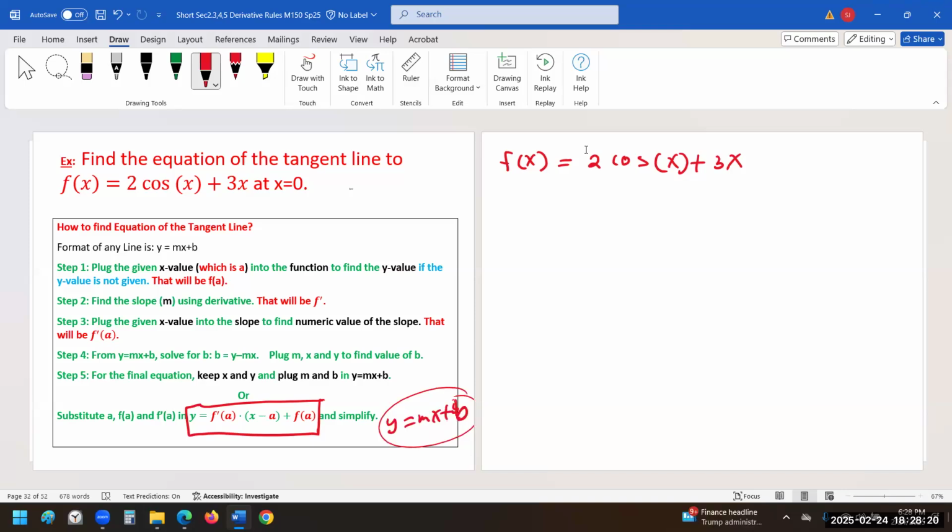You can find m, you can find b, and then write it in slope-intercept form, or you can just write point-slope format by finding your m, and then your y value for your x value 0. This will be a good practice for the exam question. You'll see one of these in the exam. Find the equation of the tangent line.